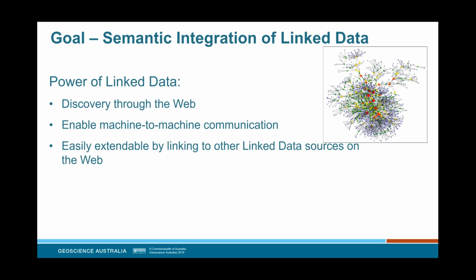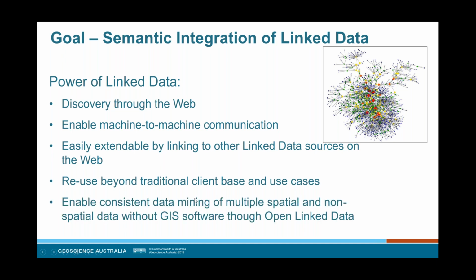We're able to extend by linking to other data sources on the web. And we are able to reuse it, not necessarily based on what the information was originally captured for. And that it enables a consistent data mining, which means that we can basically do things in a GIS way without actually using GIS.